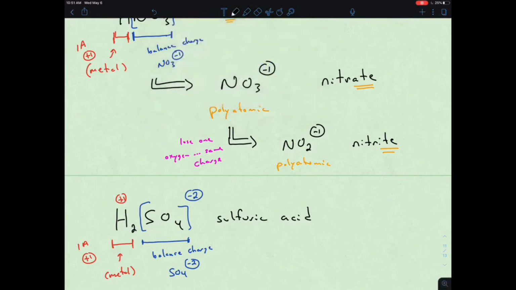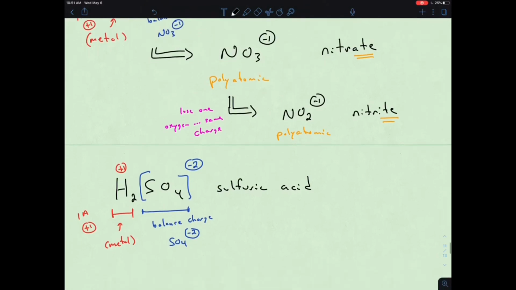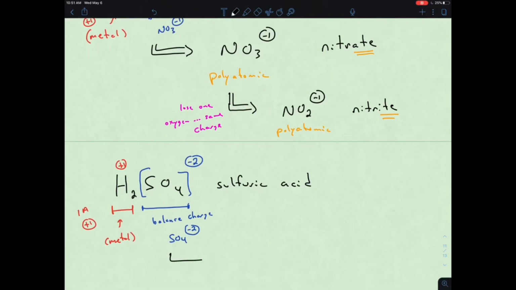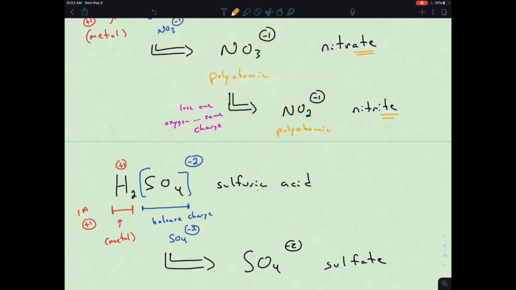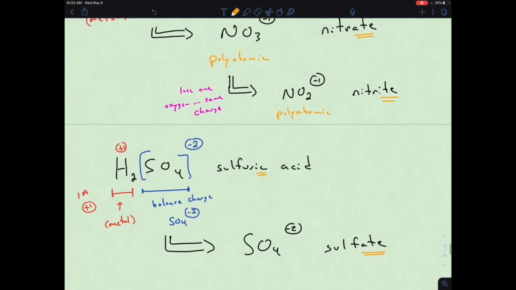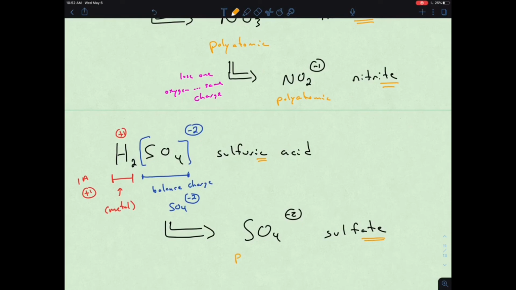And now taking that name, as far as what is this SO4 -2, well, that would be sulfate. So just like before, that -ic from the sulfuric acid turns to -ate. Right, so here is our polyatomic, sulfate.